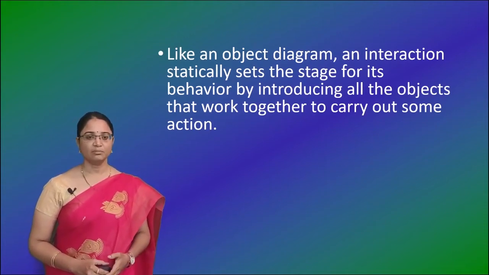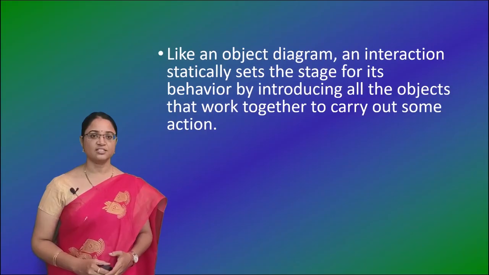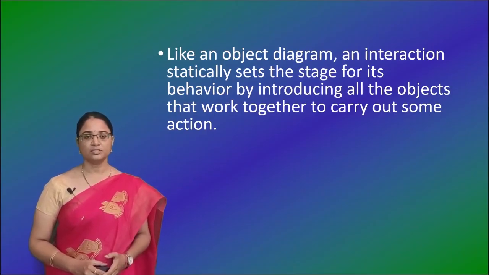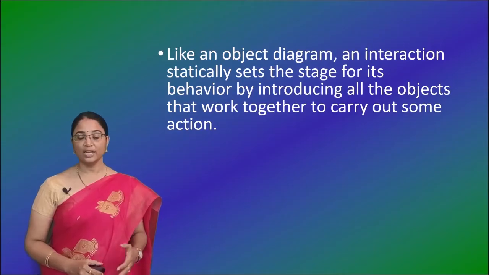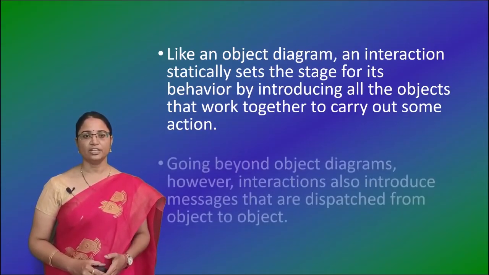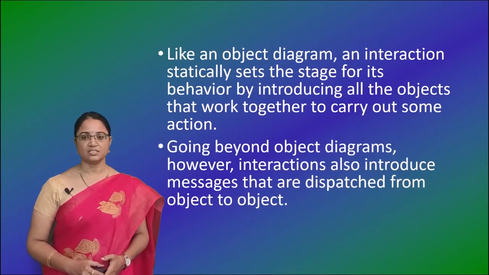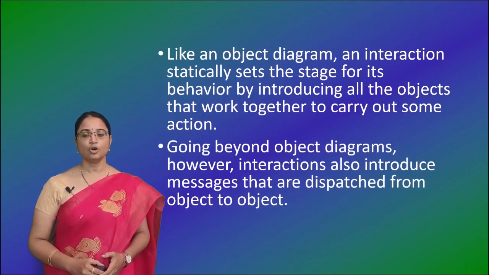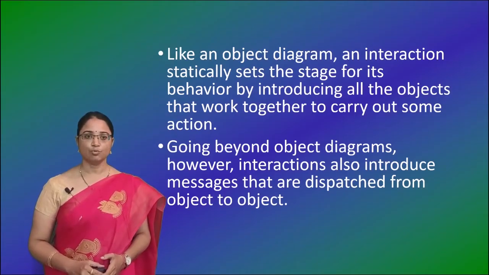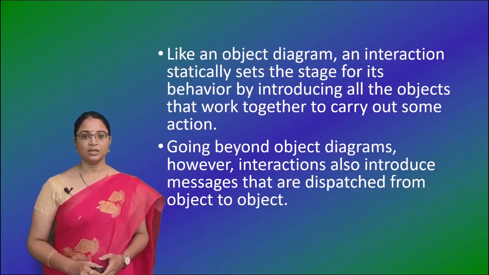Like an object diagram, an interaction statically sets the stage for its behavior by introducing all the objects that work together to carry out some action. Going beyond object diagrams, however, interactions also introduce messages that are dispatched from object to object. Most often, messages involve the invocation of an operation or sending of a signal.